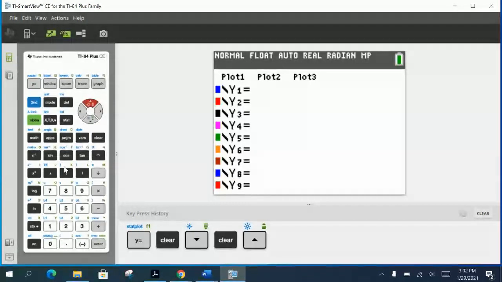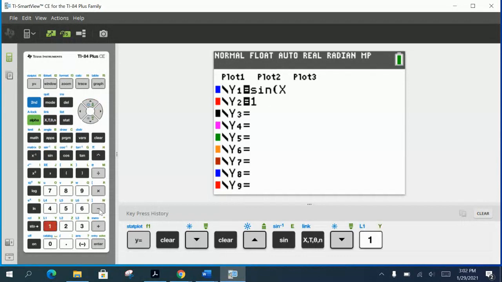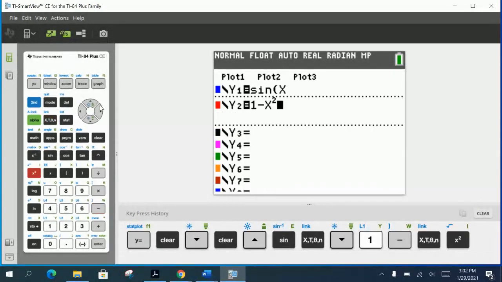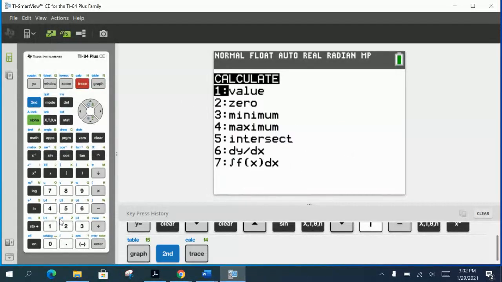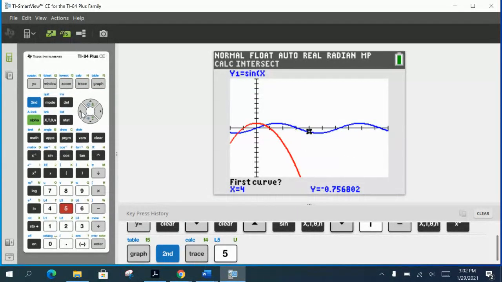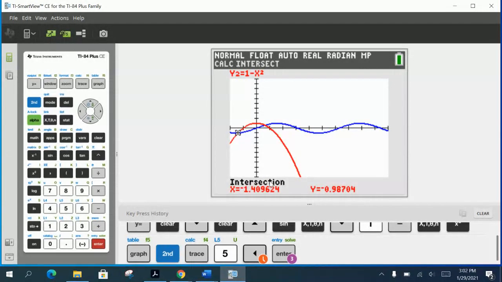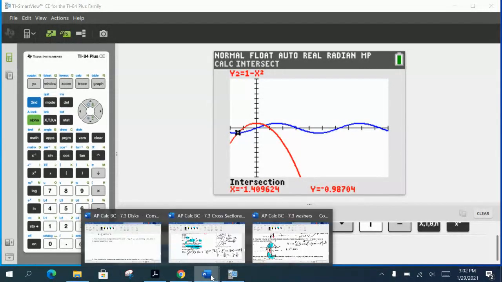All right, so we got sine of x, 1 minus x squared. And we want their intersections. So second calc, number 5. Intersections of negative 1.409624. I would store that.